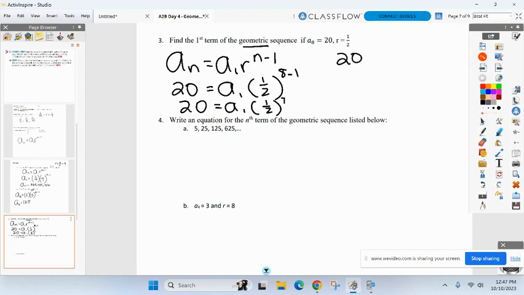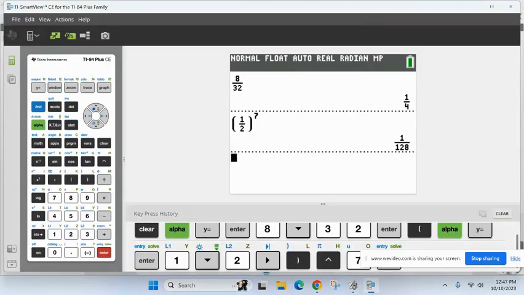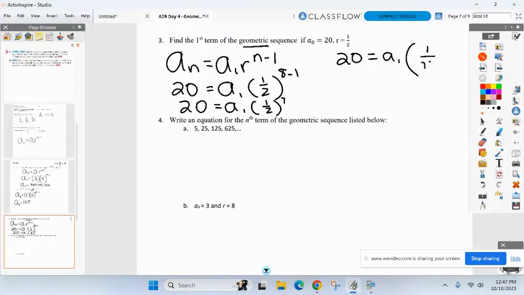So 20 equals A1 times 1/128. Now, how do I get rid of it? I can have one of two ways. Divide both sides by 1/128 or multiply both sides by 128. Okay? Either way, we should end up with 2,560.